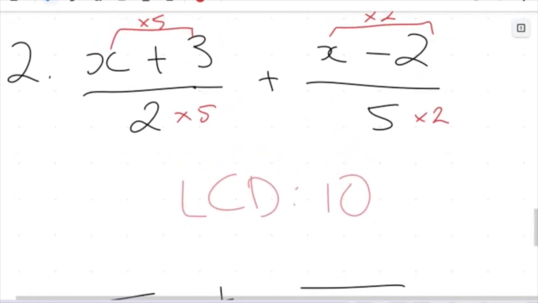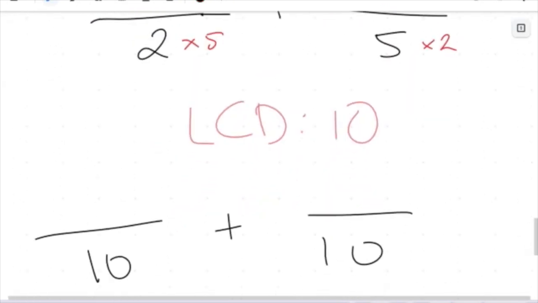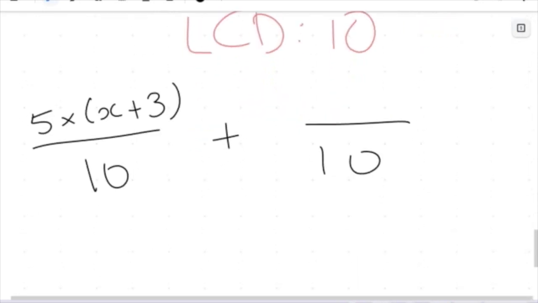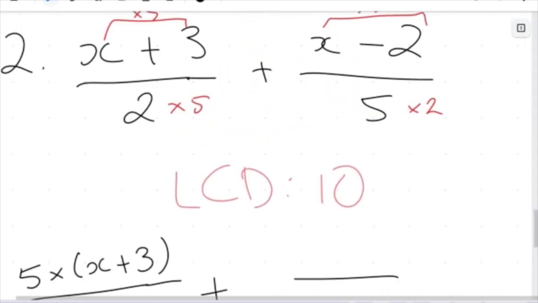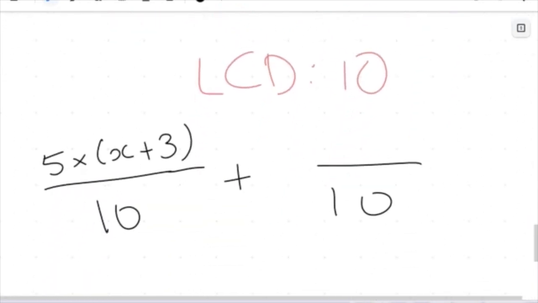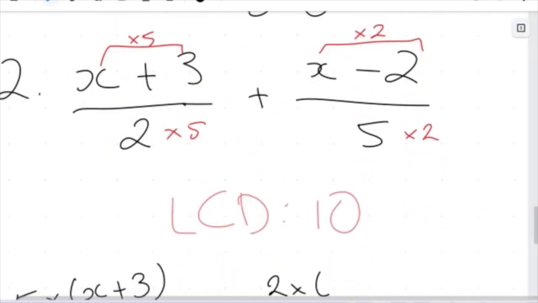So when we do the multiplication, 5 times x plus 3, I am multiplying by this entire algebraic expression. And the same way here, I'm doing 2 times x minus 2.